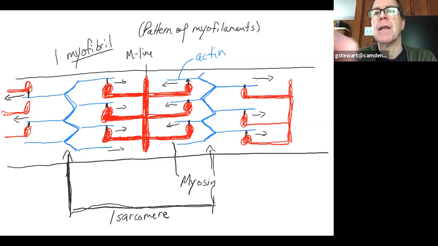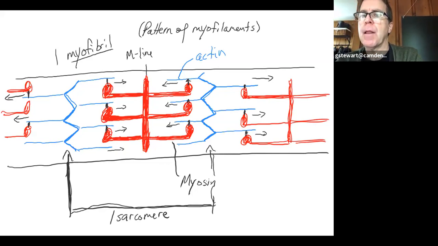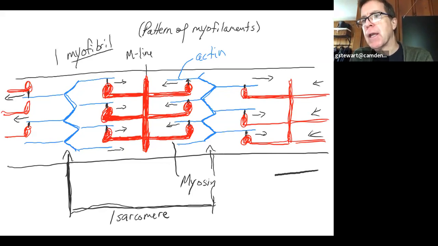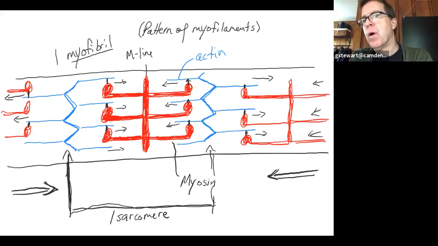They pull actin toward their M line. This just repeats. There'd be more myosins this way, and they would pull their actin molecules toward their M line like this. And you can see now when this happens, the entire muscle fiber cell is going to get shorter because this happens over and over again, hundreds to thousands of times within one cell.